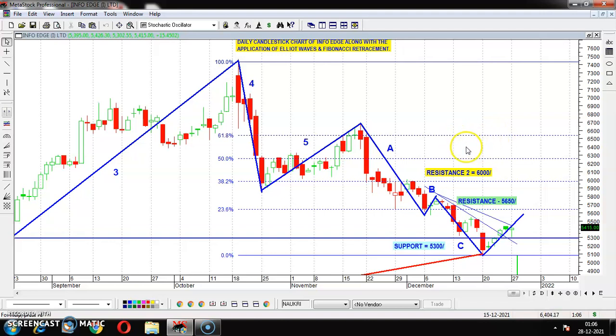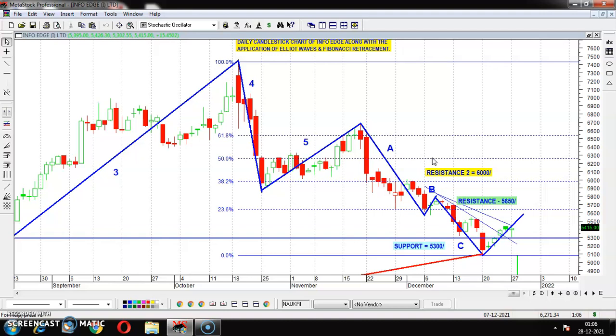As far as the technical parameters are concerned, InfoEdge is very strong. To be very honest, this is my personal view, but technically it's very strong. But it can reverse also, because if there are any weak global cues in the market, then there is a possibility of a retracement towards the downside.